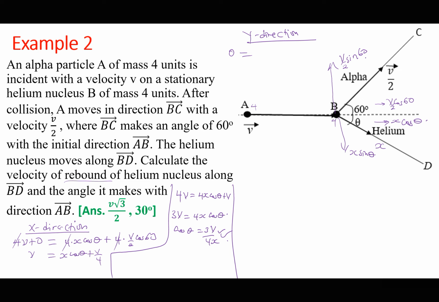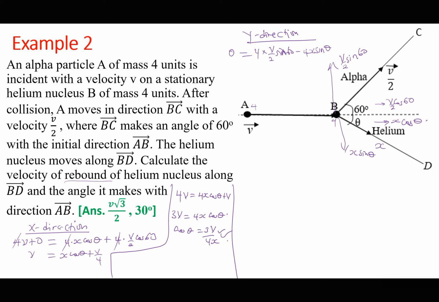So for the momentum, one of them will be positive, one will be negative. This will be 4 units times the velocity, which is V over 2 sine of 60 upwards, plus negative, downwards, 4 units times x sine of theta.